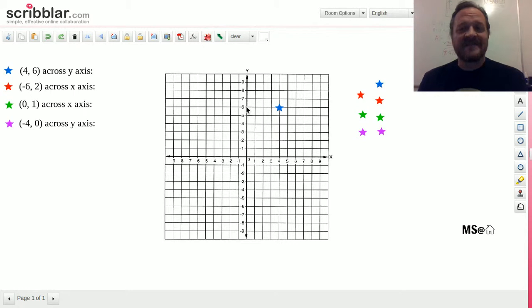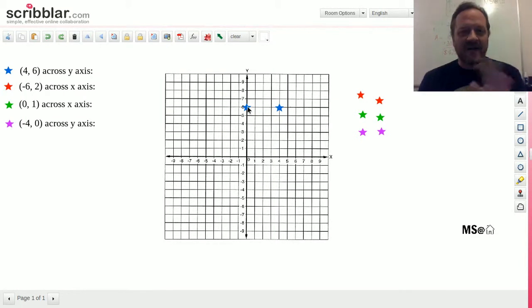And the blue star is going to see itself, but it's going to be on the other side. It's going to be in the exact same place, except it's going to be on the other side of the y-axis. Now, this original star is 4 spaces away, right? 1, 2, 3, 4. It's 4 spaces away from the y-axis.